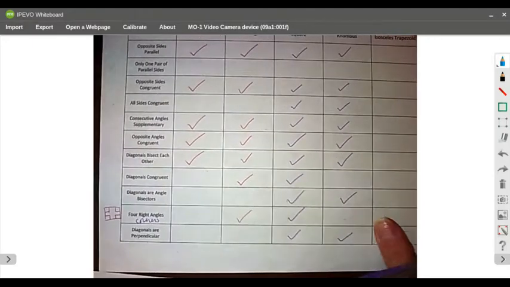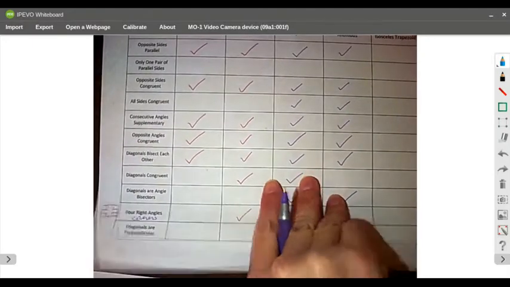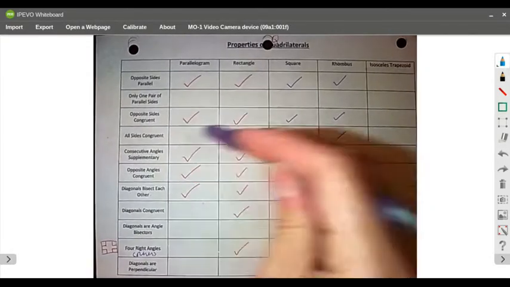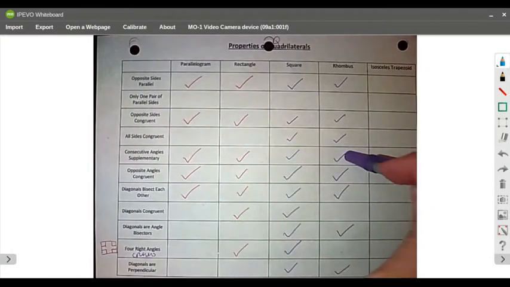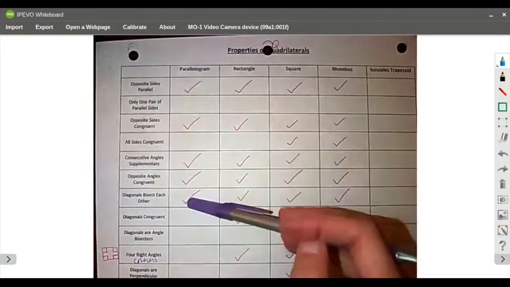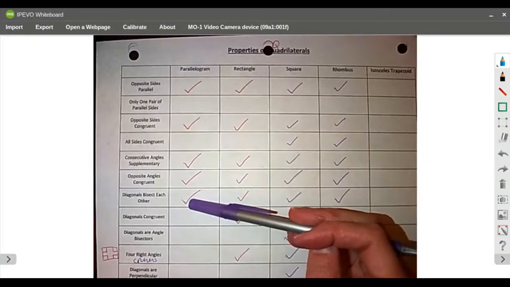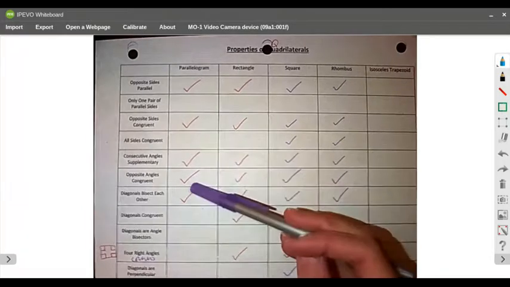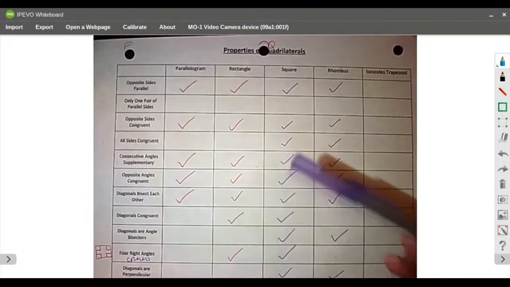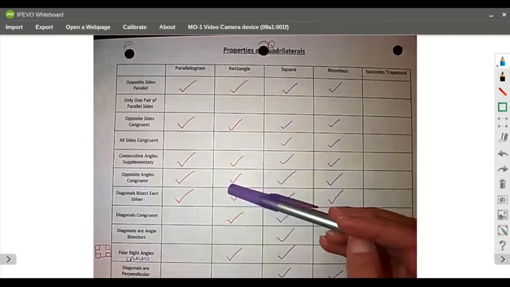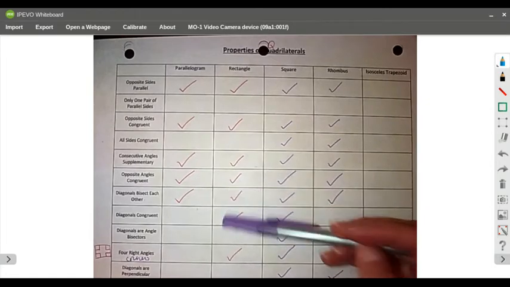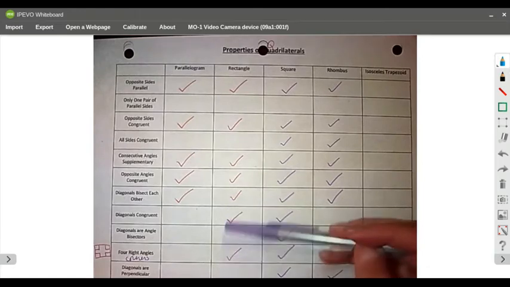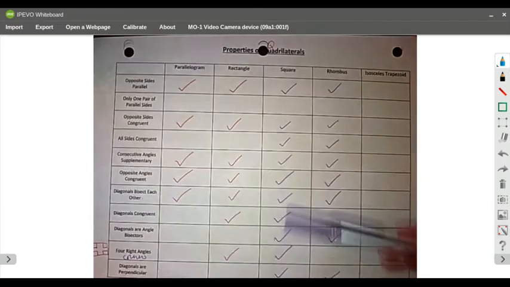So let's talk about the differences between these. Notice that obviously all four of these, parallelograms, rectangles, squares, and rhombi, they all have these same parallelogram properties, because rectangles, squares, and rhombi are all types of parallelograms. We had a rectangle where the diagonals were congruent and we had 4 right angles. Notice that these two properties of a rectangle are true about a square.